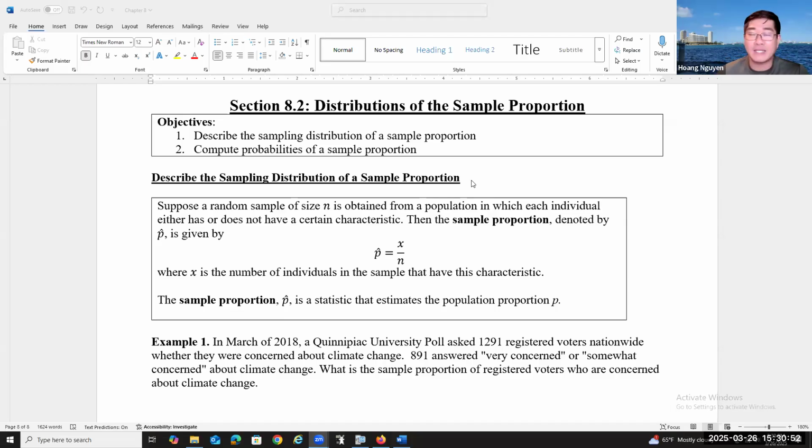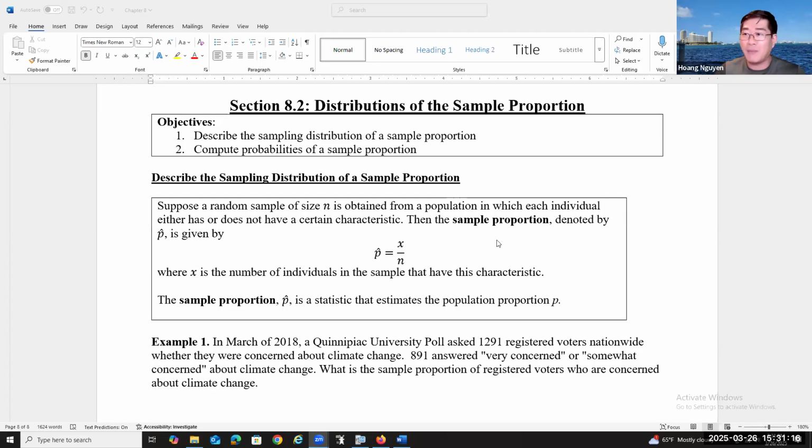Before we take a look at the distribution of the sample proportion, let's give you the definition, or the formula, for how we calculate the sample proportion. Suppose that a random sample of size lowercase n is obtained from a population in which each individual either has or does not have some certain characteristic.